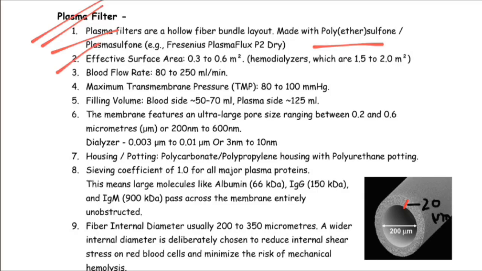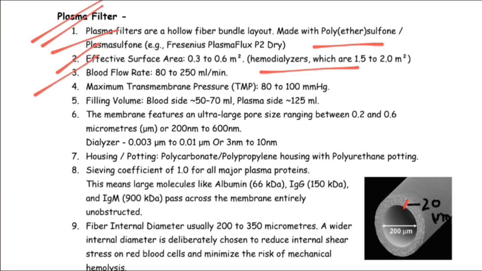Second, effective surface area is 0.3 to 0.6 square meter. So it is less than hemodialyzers, which are typically 1.2 to 1.3. We can also see 0.8 square meter for the F4, but it ranges from 0.6 to 2.0 square meter.